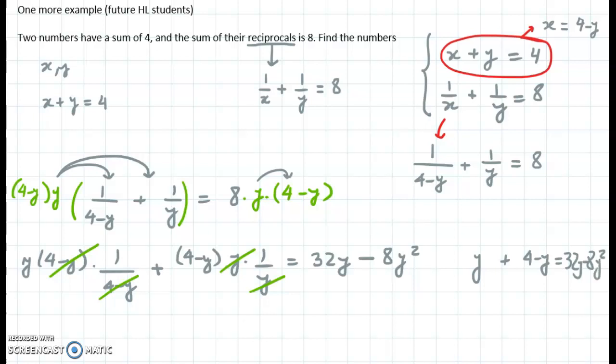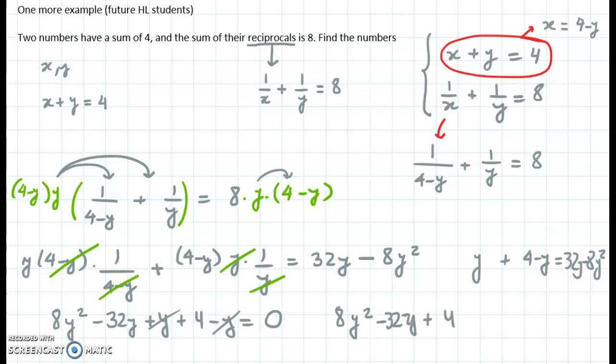So rearranging this in the left-hand side, we have 8y squared minus 32y plus y plus 4 minus y is equal to 0, which means that 8y squared, okay, we have y's canceling here, so minus 32y plus 4 is equal to 0.